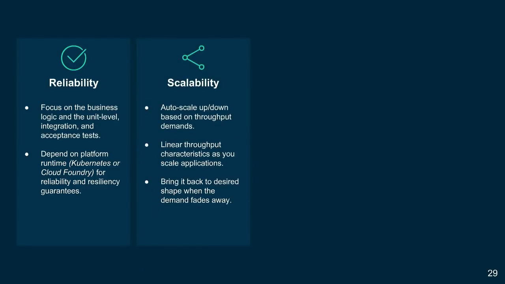So scalability: Kubernetes and Cloud Foundry both have mechanisms by which you can scale either manually or have rules set up that are based on throughput, including messaging queue size and depth, to scale your apps up and down. So again, you're leveraging platform features here instead of something that's unique to one dedicated data infrastructure runtime.